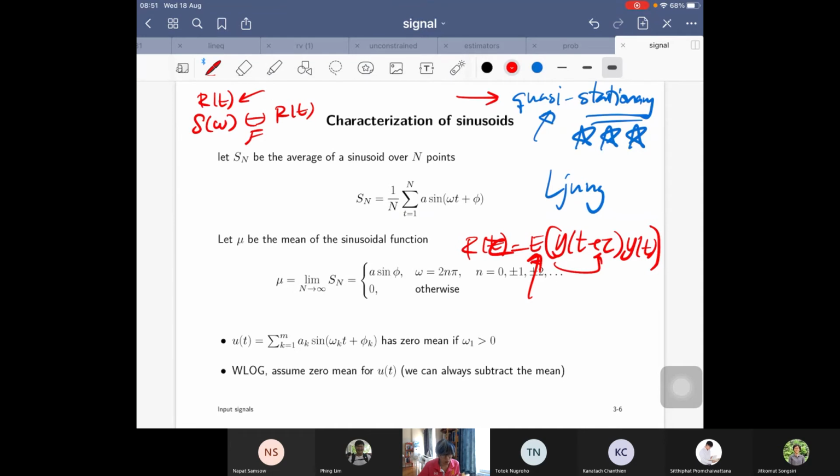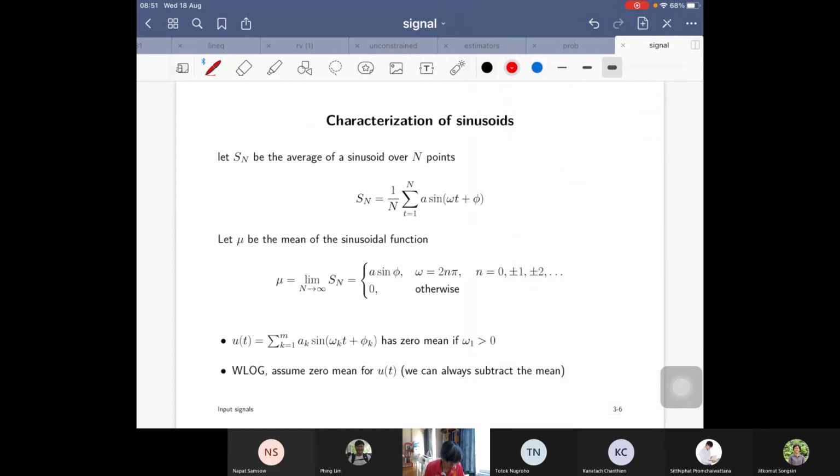But for a deterministic signal like this, with the definition of quasi-stationary, we're going to use a summation instead of expectation, and that's going to be the time domain sum.